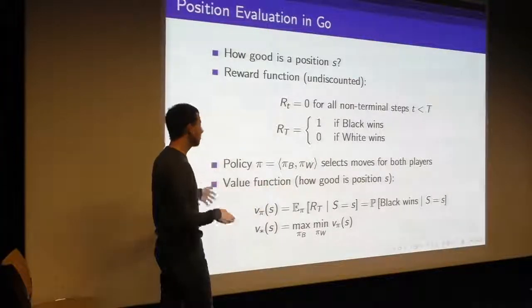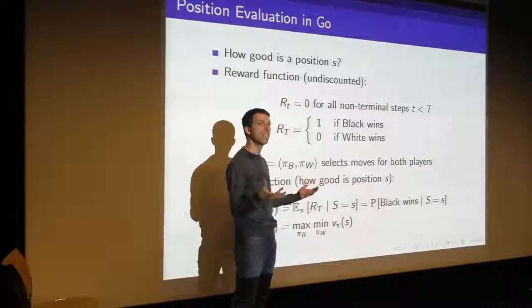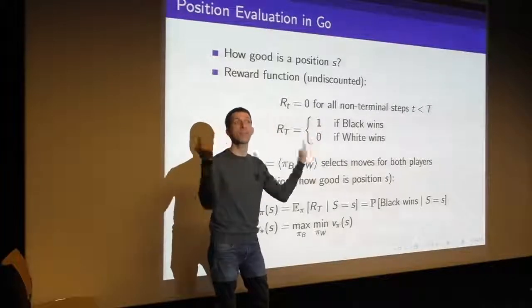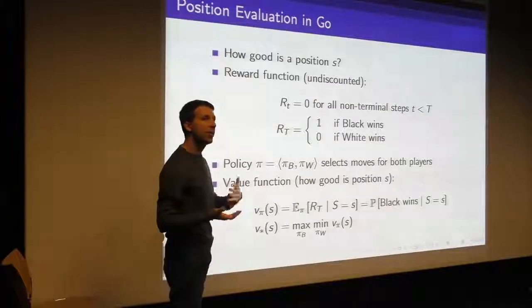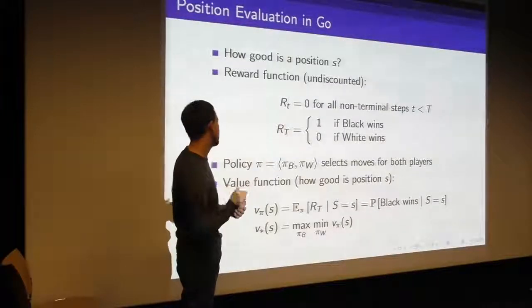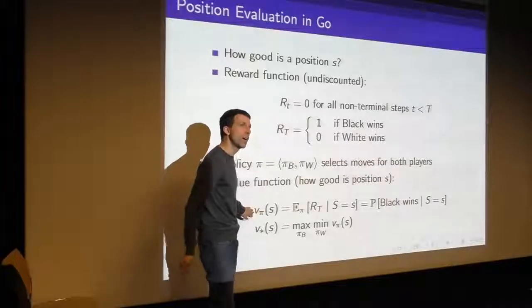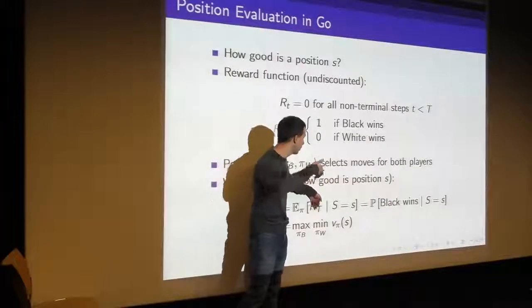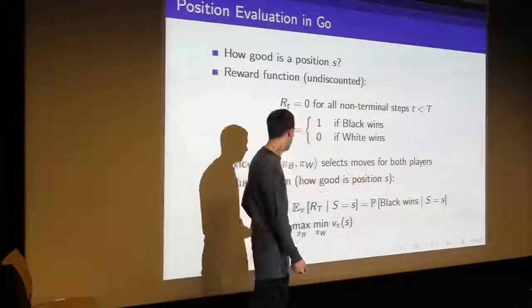We're basically going to now try and learn a value function, which essentially tells us how good is some position S. Like if I show you this board configuration, is it good? Is black going to win or is white going to win? I want to know if this thing's good. And we define it in the usual way, but because it's a two-player game, there's just a little twist. So now when we do our rollouts, our Monte Carlo evaluation, we're trying to learn the expected value, like will I win on average from this position, so the probability that black wins from this position.